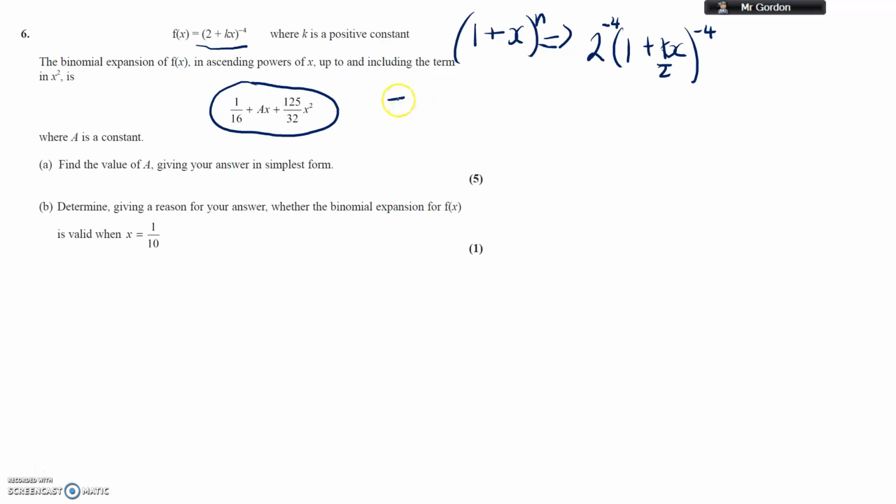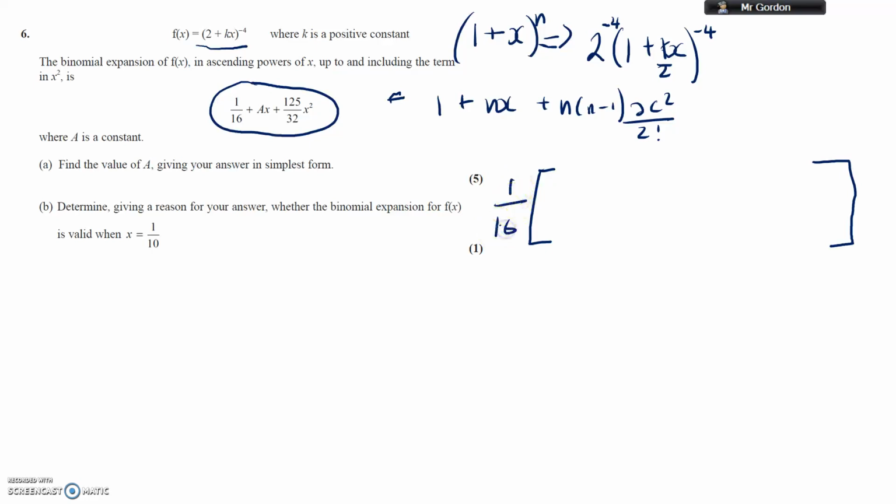So the formula is 1 plus nx plus n times n minus 1, x squared over 2 factorial. But we are working within a square bracket for our version because we factored out 2 to the minus 4, which is 1 over 16.